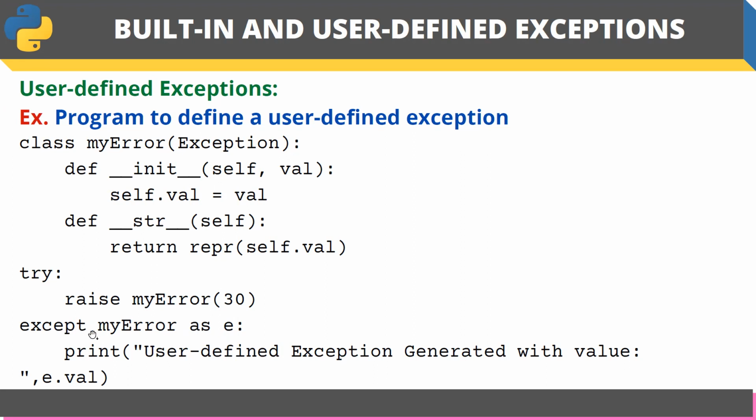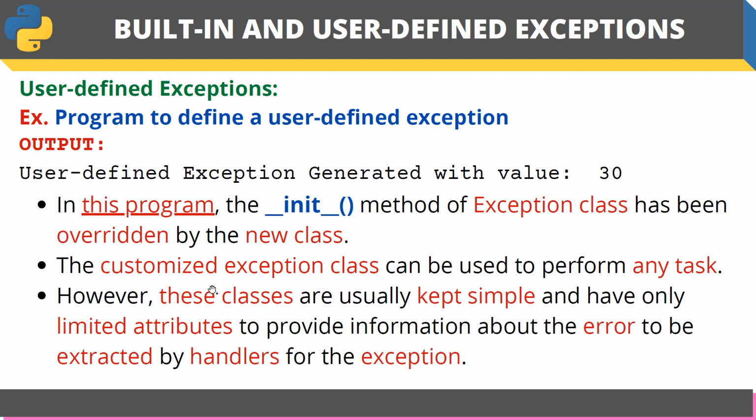except MyError as e. So here we are defining our own exception: except MyError as e, print 'User defined exception generated with value', e.val. So now this is the output. It simply displays user defined exception generated with value 30.